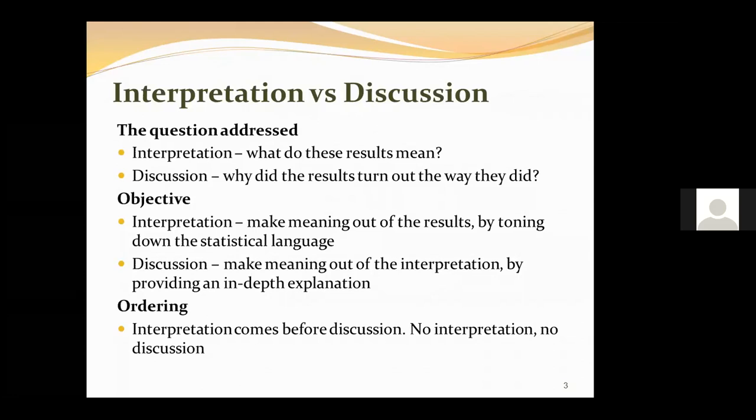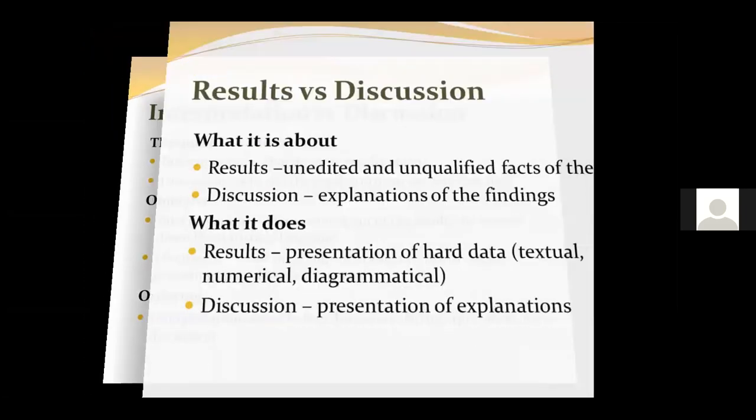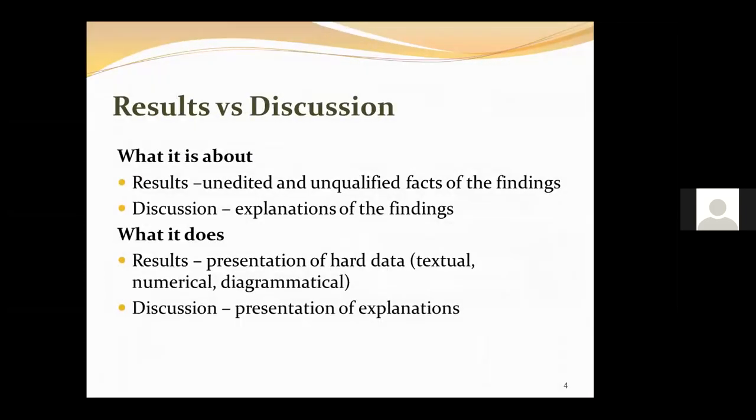On one side, you're just providing the meaning, and on the other side, you're providing an explanation. Then in terms of ordering, of course, interpretation comes before discussion. You interpret first, then you discuss what you have interpreted. No interpretation, no discussion.